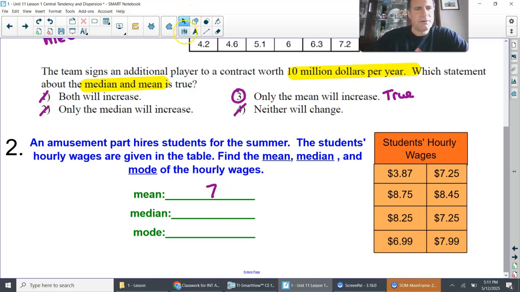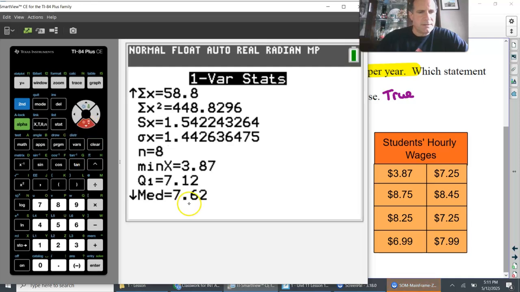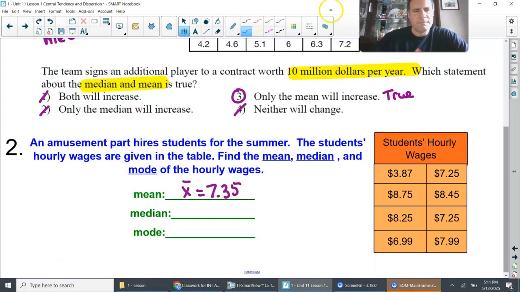We'll move this over. I just wanted to put that it was X with a line on top equals that. And then we're going to go back to the median, 7.62.